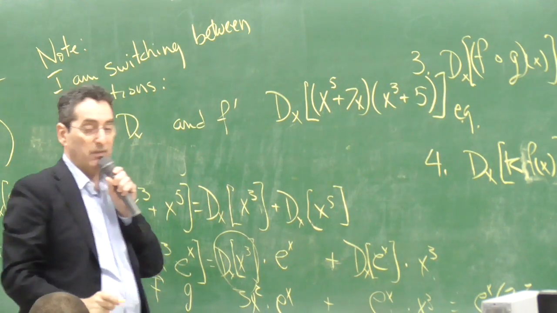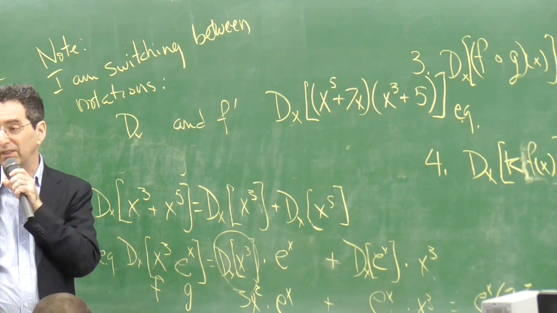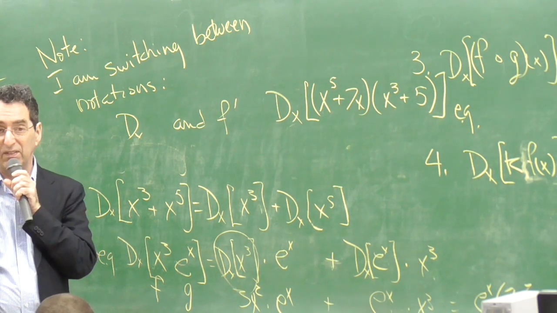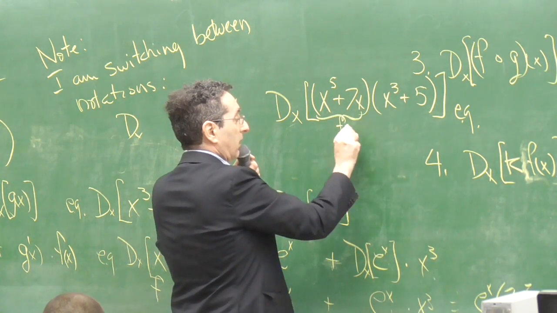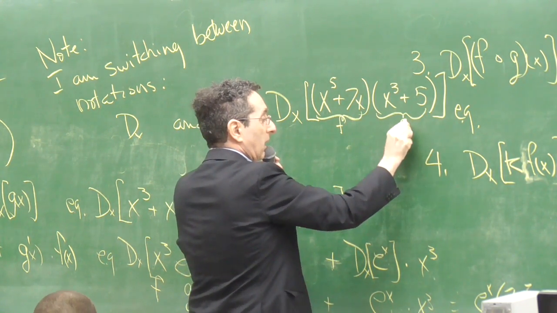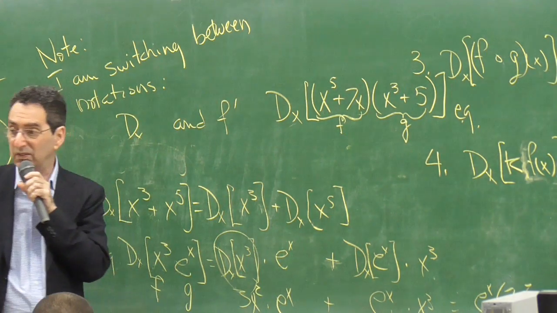Suppose we wanted that derivative. Now there's another way to do that. We could say that this is f, and this is g, which is what we're doing now, calling it the product of these two functions.